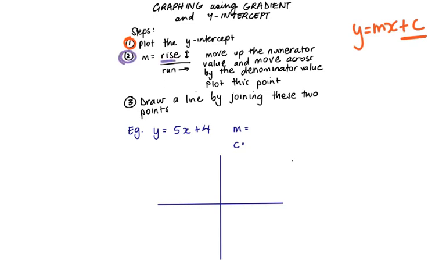The top number tells us how much we need to move up or down, and our bottom number, the denominator, tells us how much we need to move across. Then we plot a second point, and after that, we join those two coordinates by a line, and we should get a linear graph.